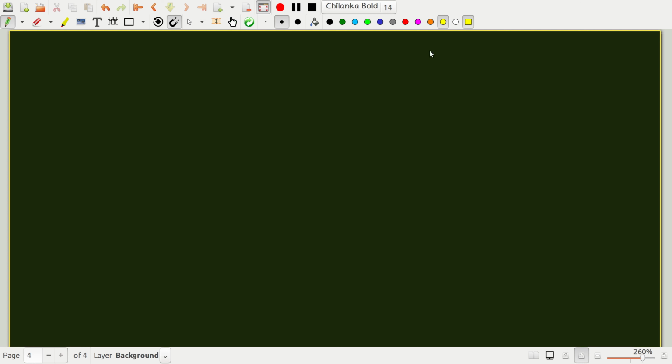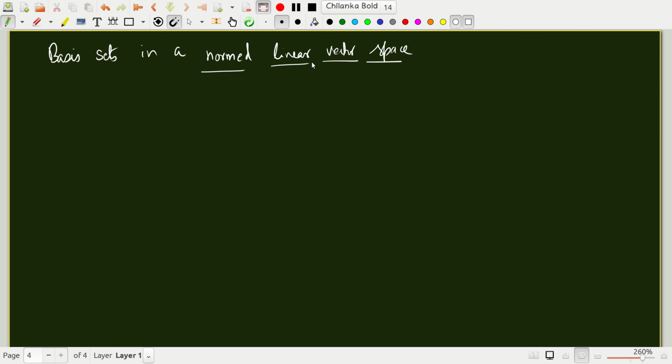Now let's move along and discuss a little bit about basis sets in a normed linear vector space. This is a jargon that I am introducing. A linear vector space is something that we have already discussed in the beginning of linear algebra.